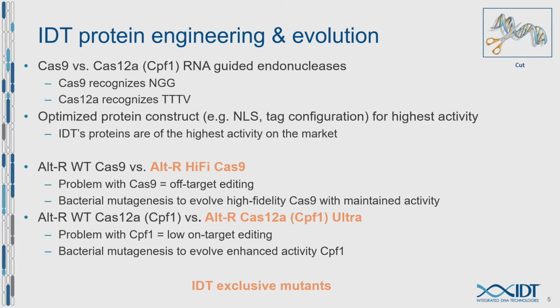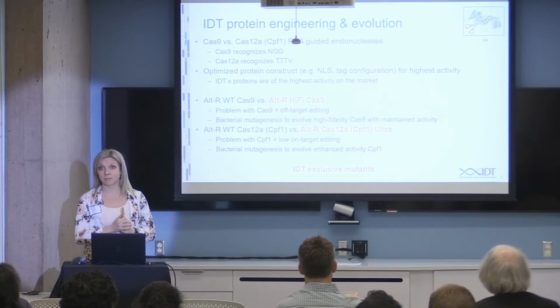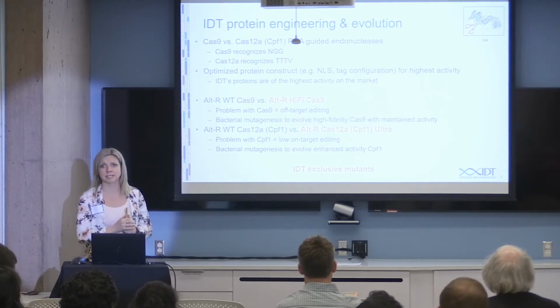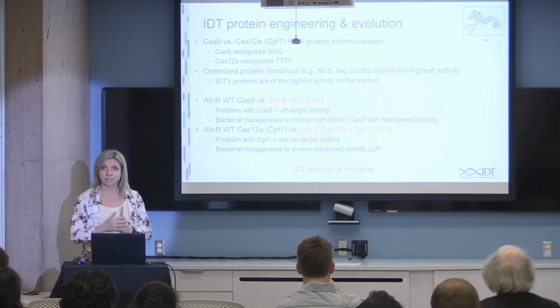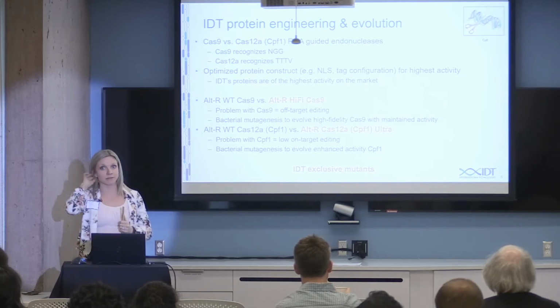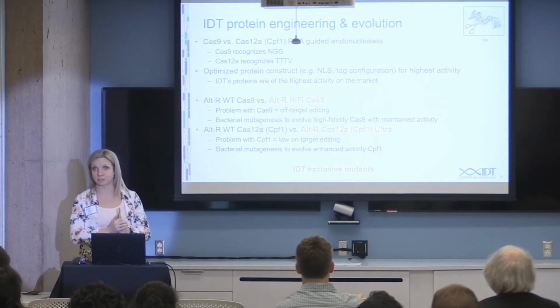If you have a sequence that has some similarity at other places in the genome, it can make an unintended off-target. So we've developed a high-fidelity protein. This is exclusive to IDT. And then Cas12a, I'll go into more detail, but when this first came out, the efficiency wasn't as high as Cas9, so we did some protein evolution to improve the efficiency of that, and so we've got a protein that's known as Cas12a Ultra.